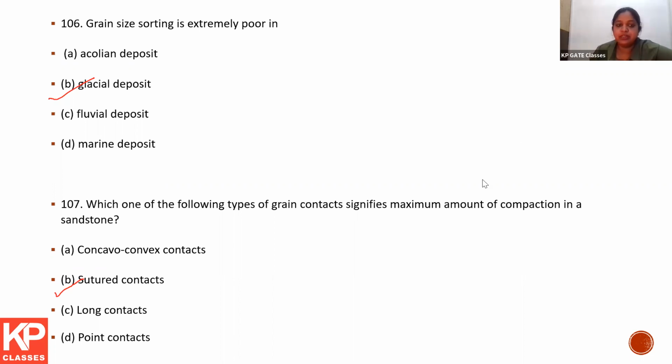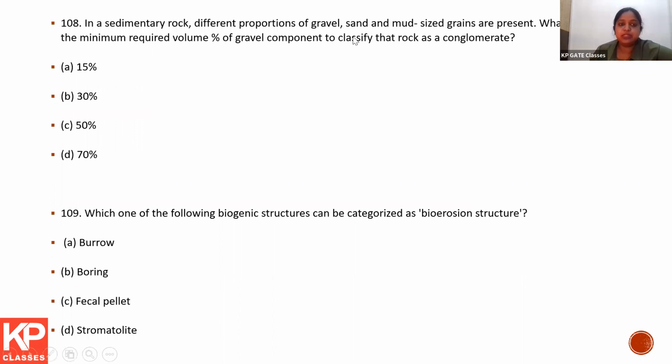Next question. In sedimentary rock, different proportions of gravel, sand, mud size grains are present. What should be the minimum required volume percentage of gravel component to classify the rock as a conglomerate? Answer is 30%. Definition of conglomerate itself is this. If 30% of gravel size particles are there, then we call that a conglomerate.